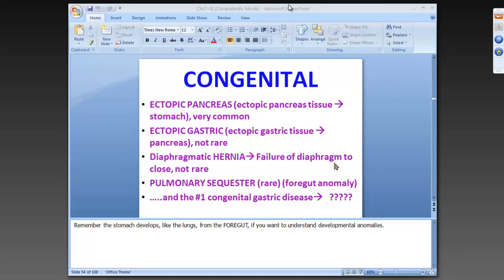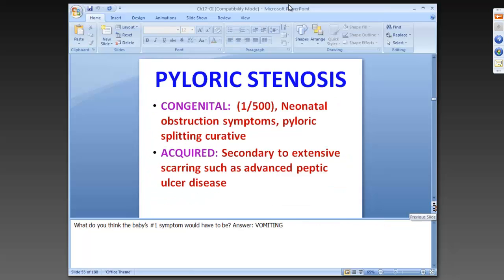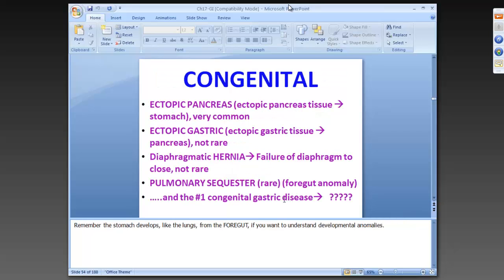The number one congenital gastric disease is pyloric stenosis, which is on my next slide.